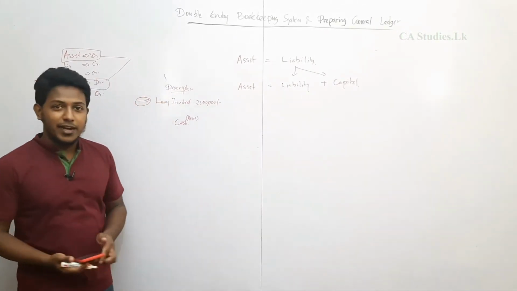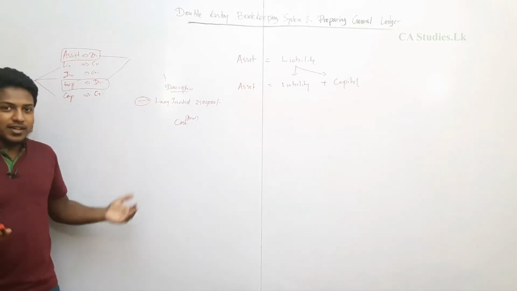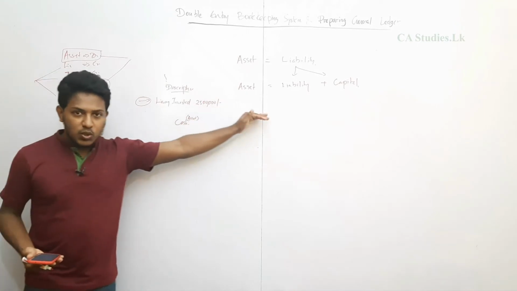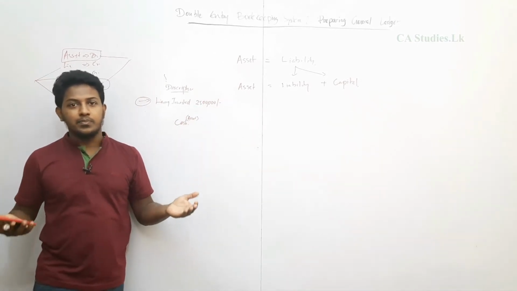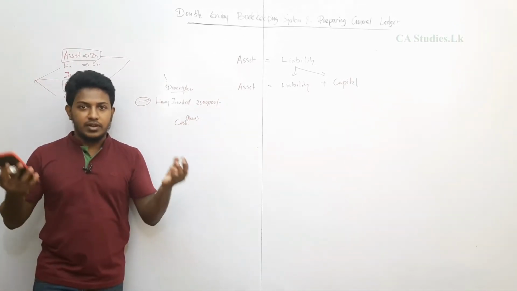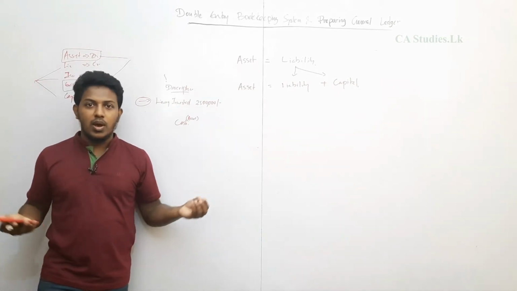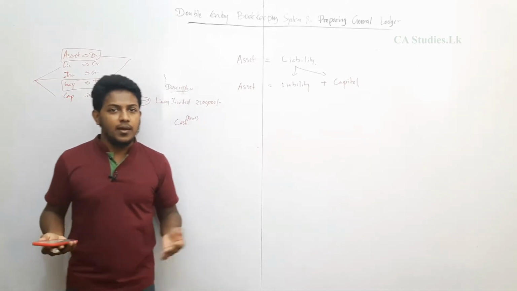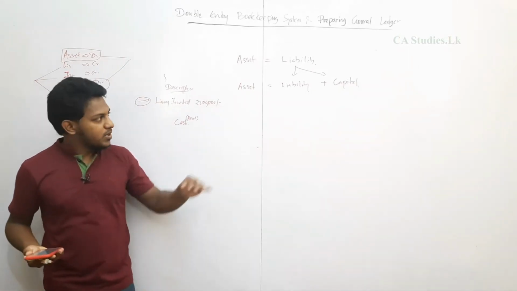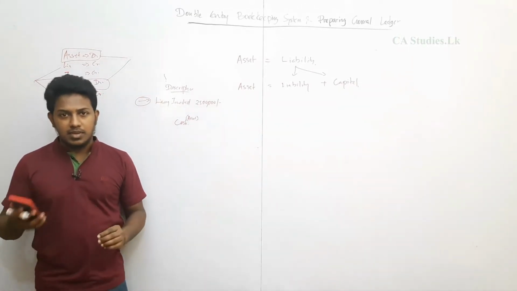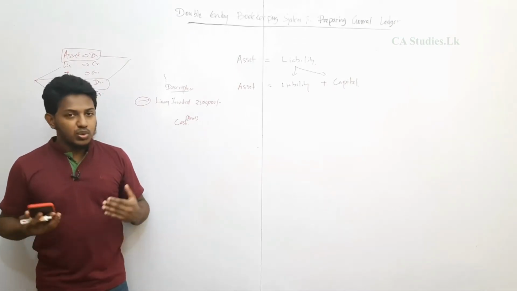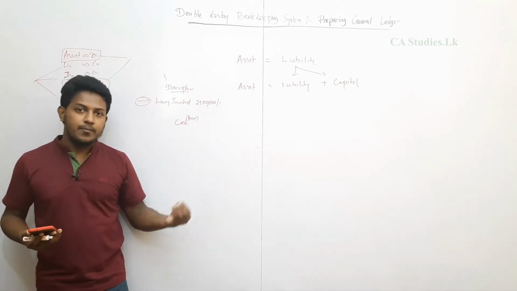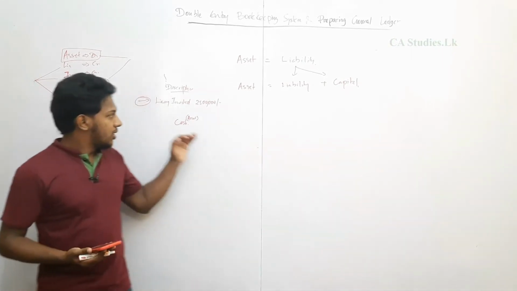Why did he invent this type of difficult double entry system? It is in order to balance the accounts, right? If debit and credit balance, it means no errors. That's a myth. We think debit and credit are there, so no errors, right? So the double entry system was invented in order to make checking of the accounting statements easy, right?